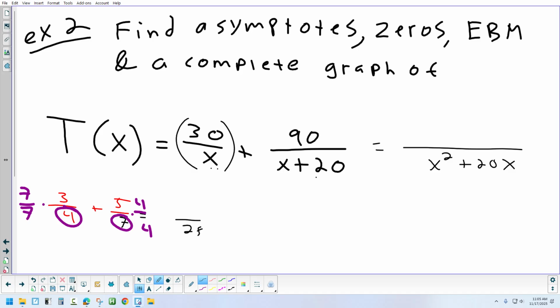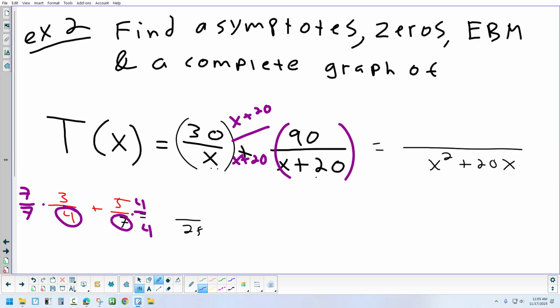And what would you have to multiply top and bottom by here to get the common denominator? X plus 20. Yep, x plus 20. So x plus 20 over x plus 20.